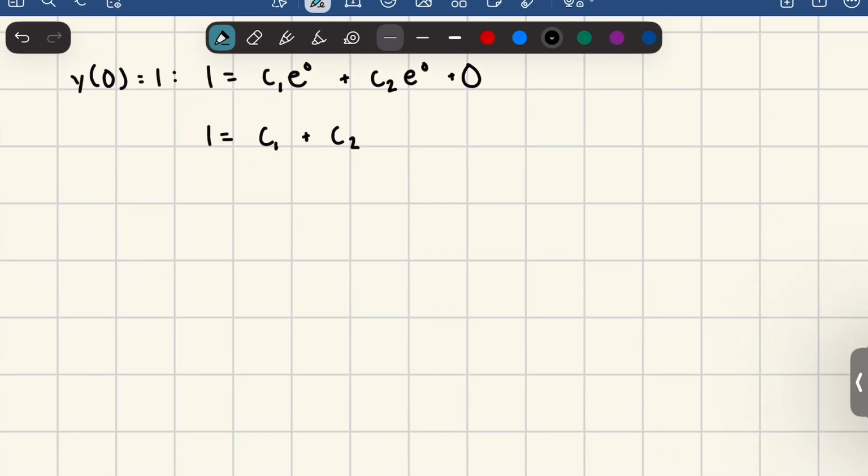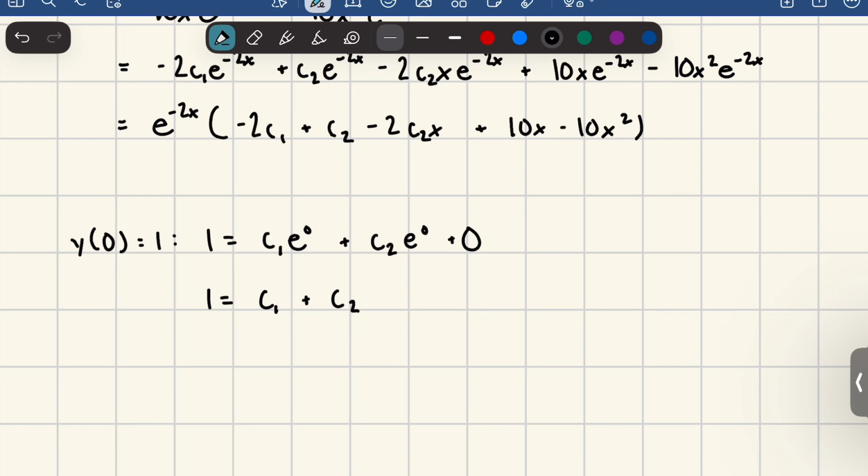I need my second equation because I can't just get one value from this. Dang. Let me think for a second.